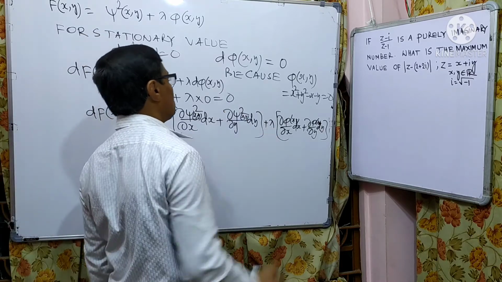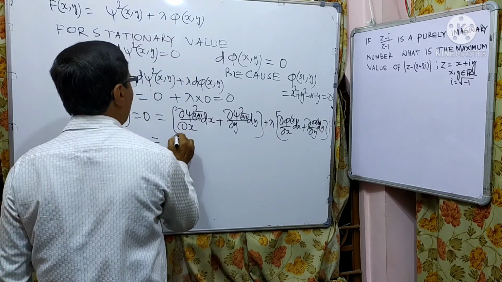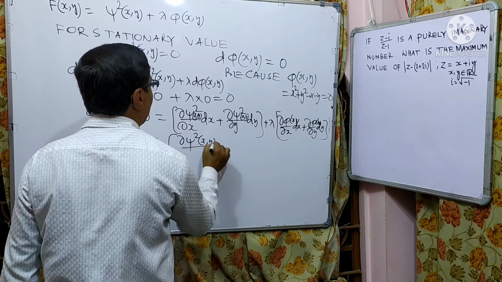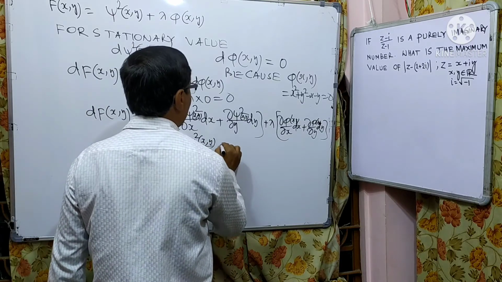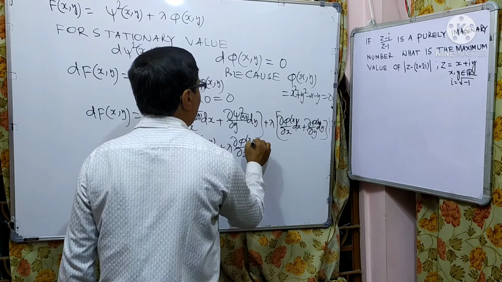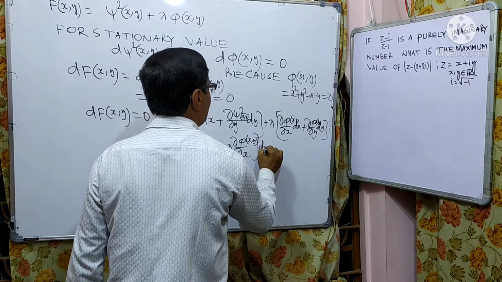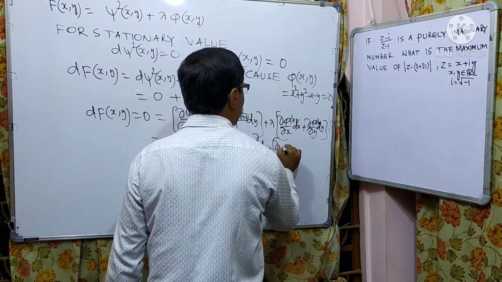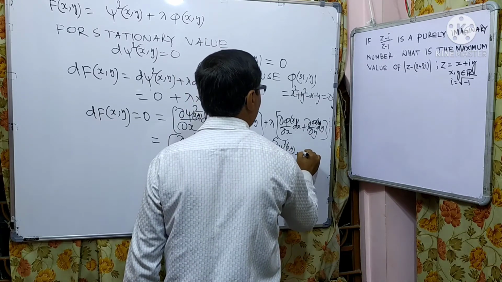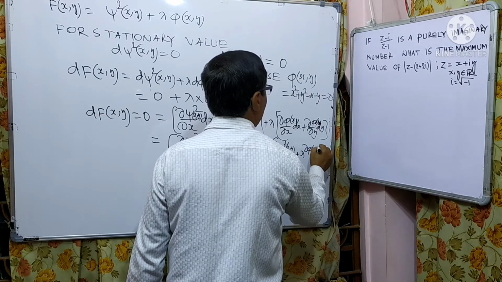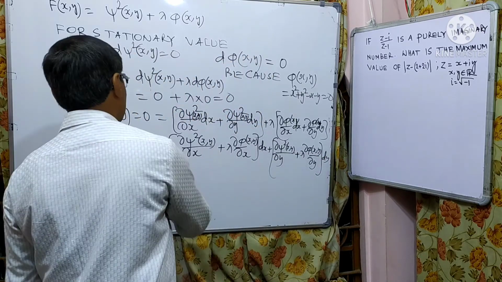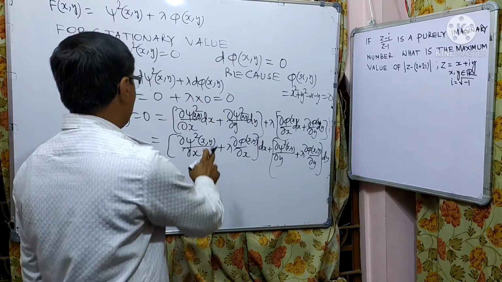Now if we rearrange these terms, we get (del psi²/del x + lambda del phi/del x) dx + (del psi²/del y + lambda del phi/del y) dy = 0.